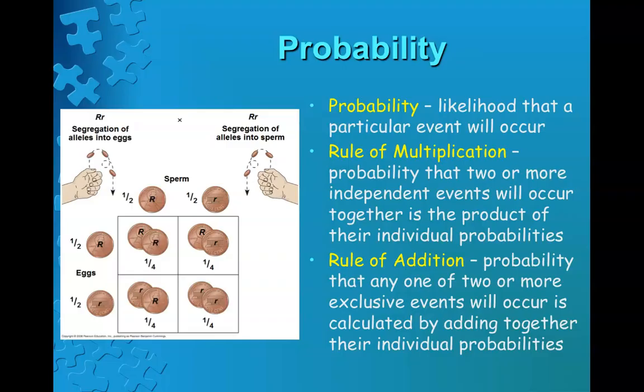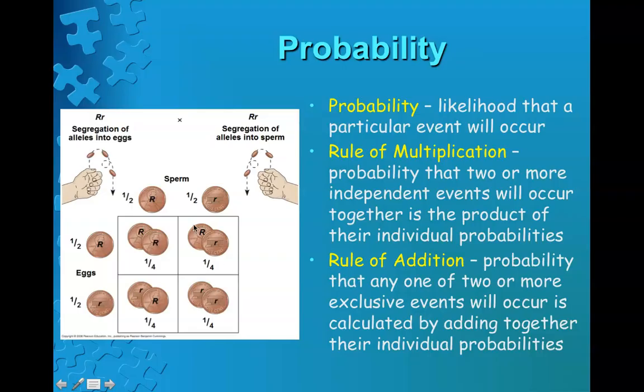So I can use the multiplication rule: the probability that 2 or more independent events occur is the product of the individual probabilities. I can also use the law of addition: the probability that any one of 2 or more exclusive events happens. So for the multiplication rule, I'm looking for the combination of multiple things. Think of it like flipping heads.